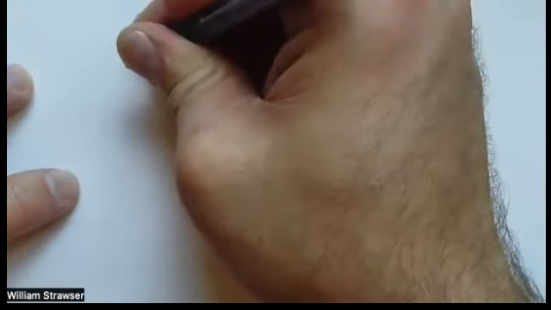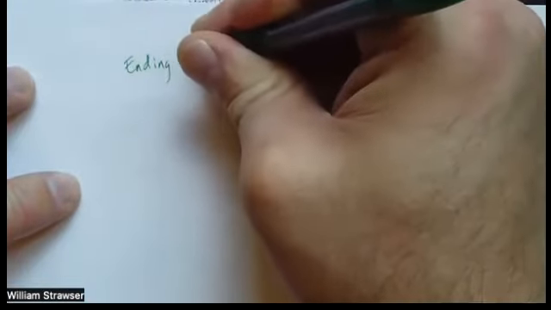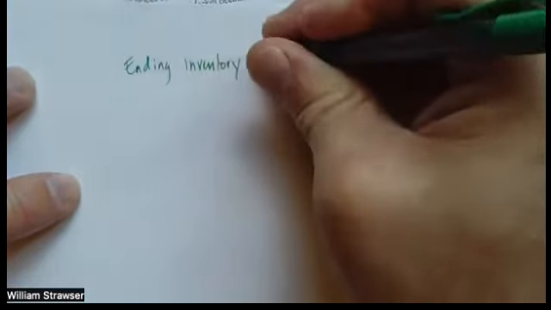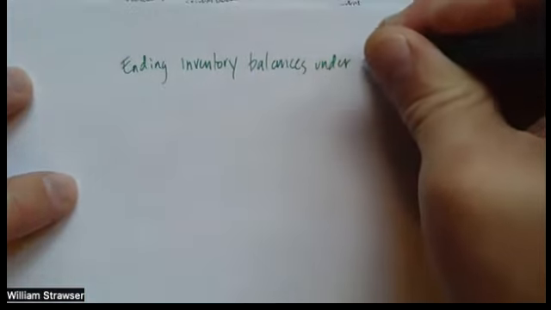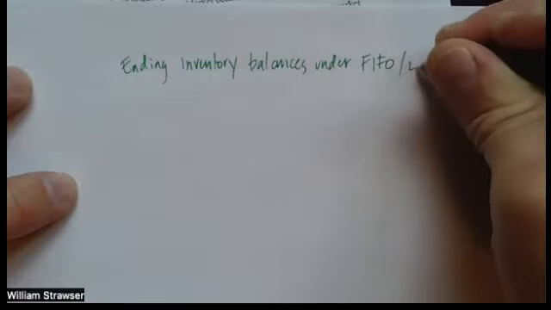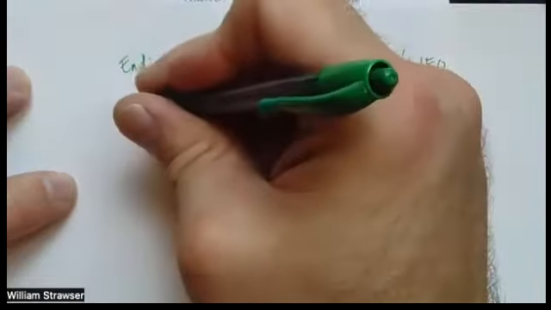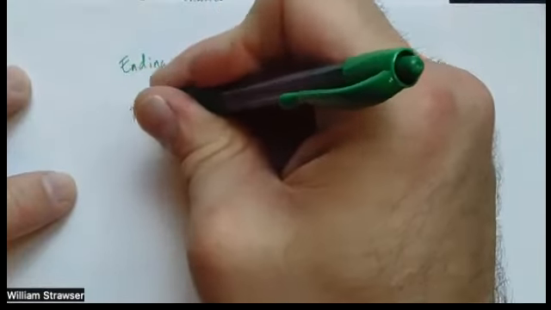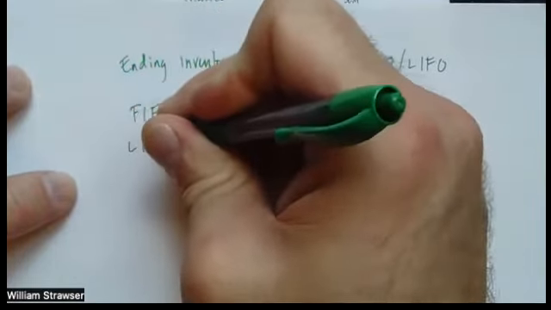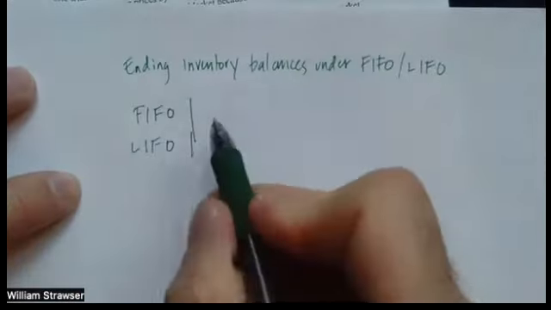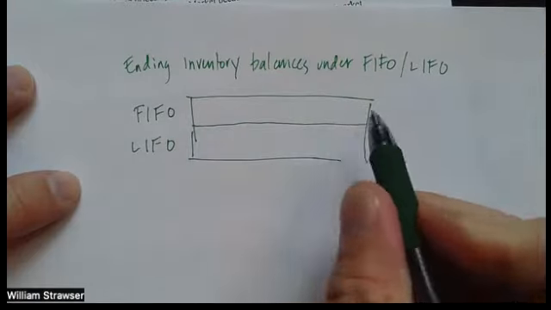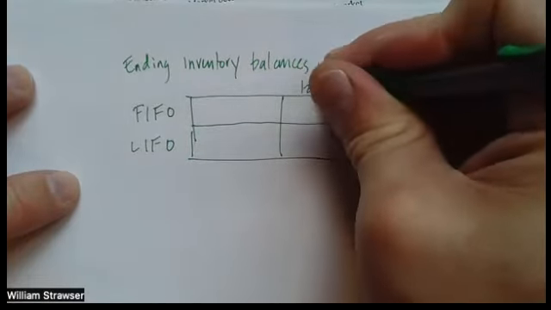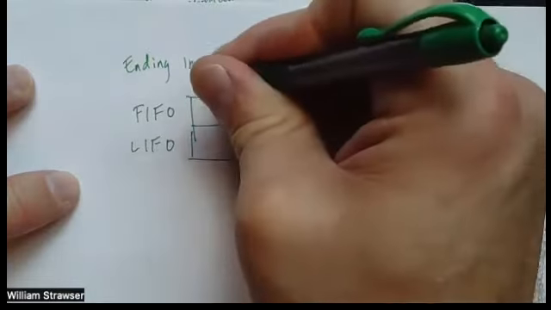We've got ending inventory balances under FIFO and LIFO. We've got FIFO balances, we've got LIFO balances, and I'll make up some different ones than what I had in the prior one. We've got 12/31/21 and 12/31/22.